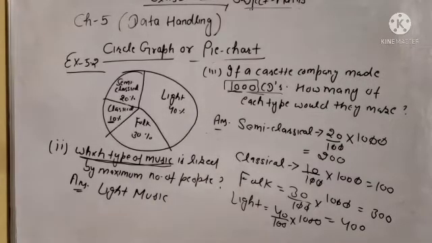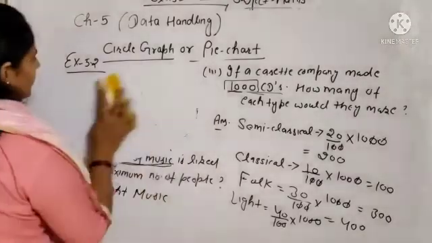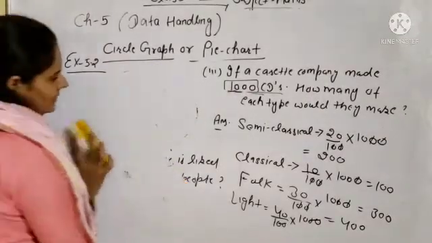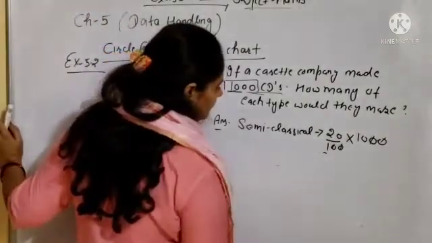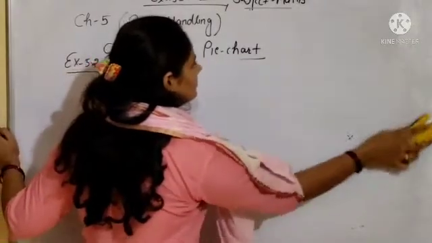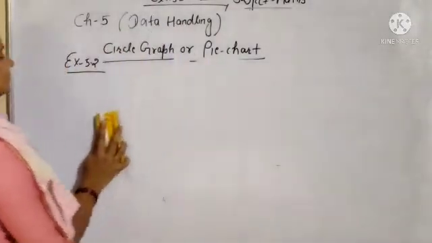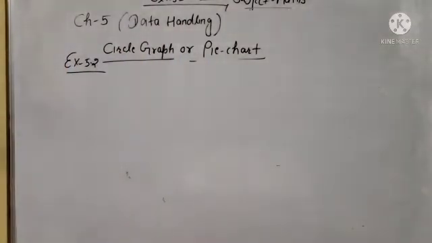Okay. Now question number second, exercise 5.2. Question number second is given. A group of 360 people were asked to vote for their favorite season from the three seasons: rainy, winter and summer.